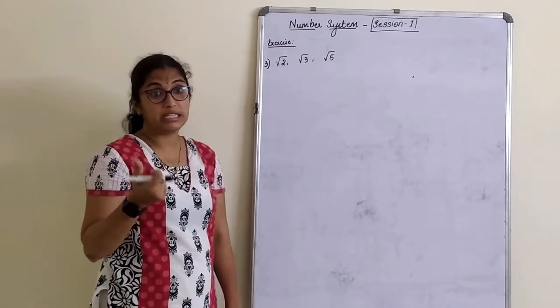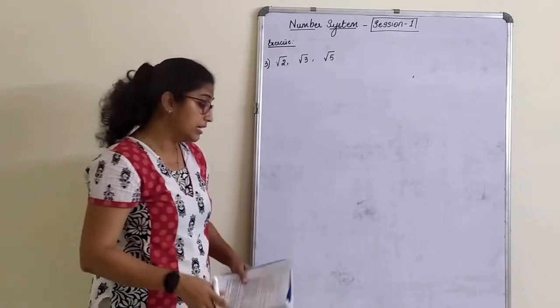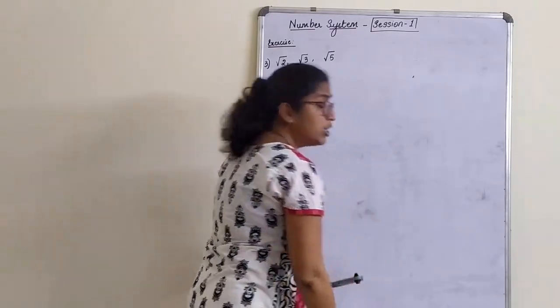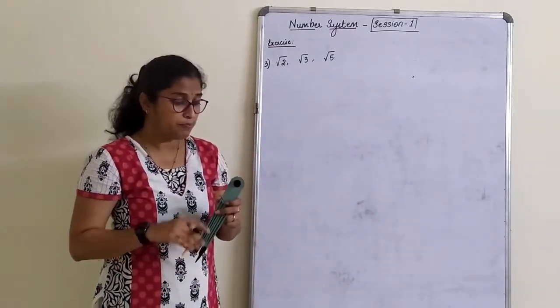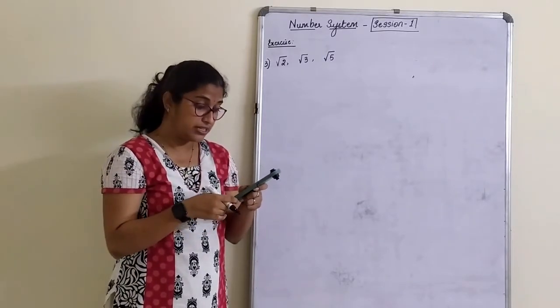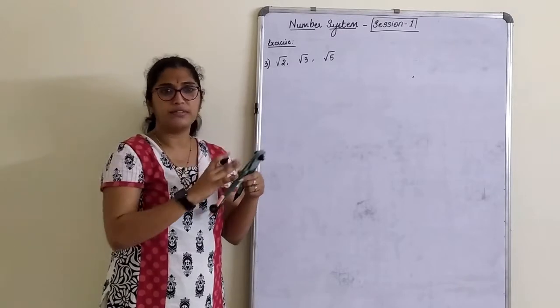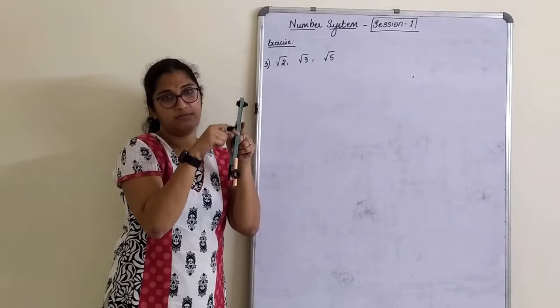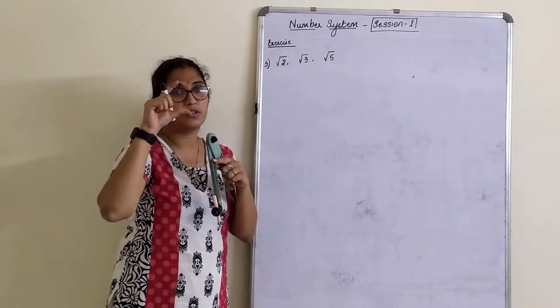So you require a scale, a sharpened pencil and a compass. Most of the students, when you use your compass, what I have observed is, first of all, this part should be very tight. Then the second thing is, whatever the height of your compass is, always use a pencil smaller than this length. Don't use such a big pencil for such a small compass.